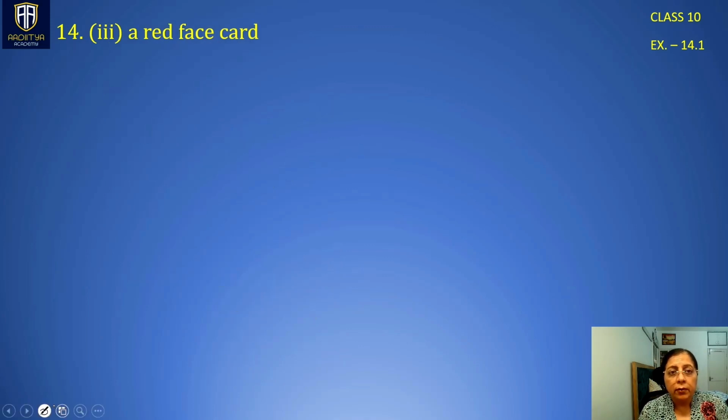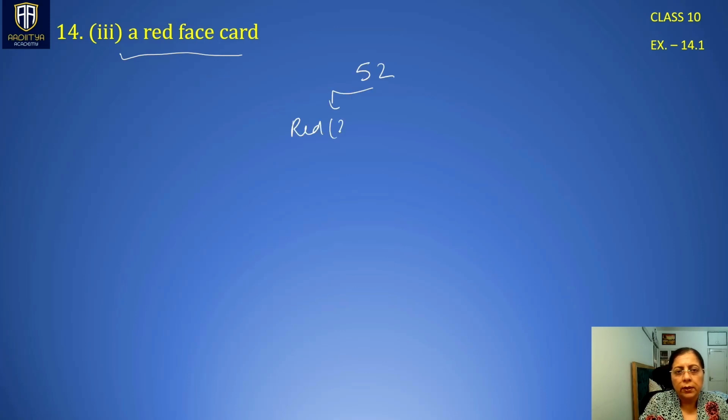Next we have a red face card. See, we are drawing only one card from the pack of cards. So red face card. Now since the cards are 52, then red cards are 26 and 26 are black. Right? Now red are 13 diamonds and 13 hearts.